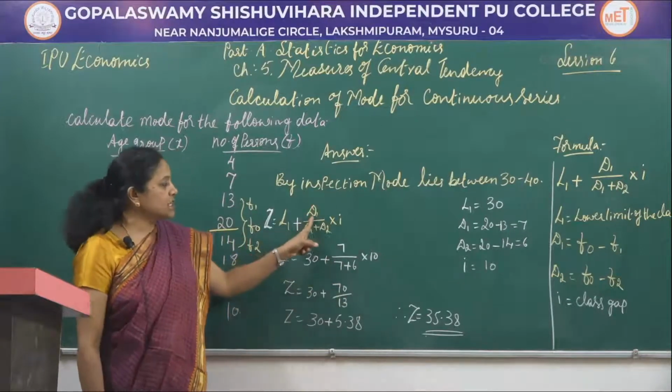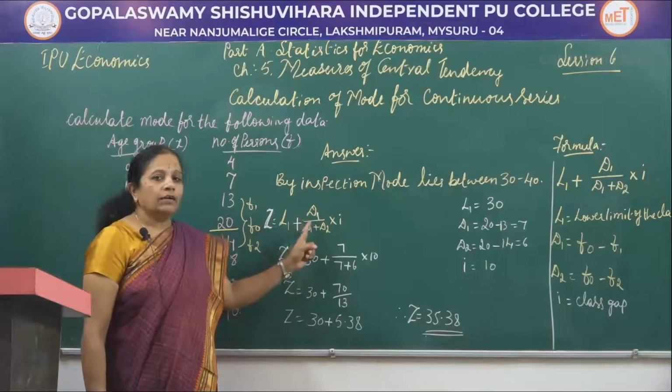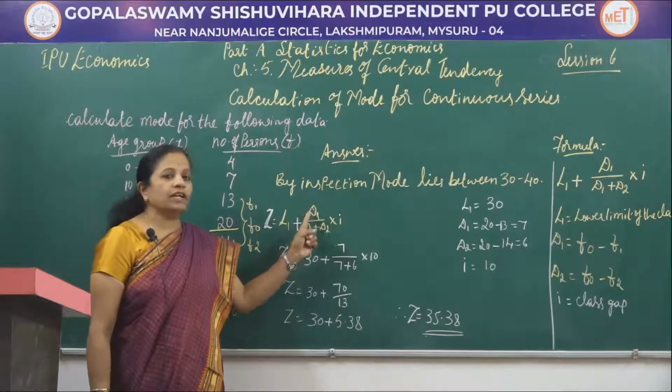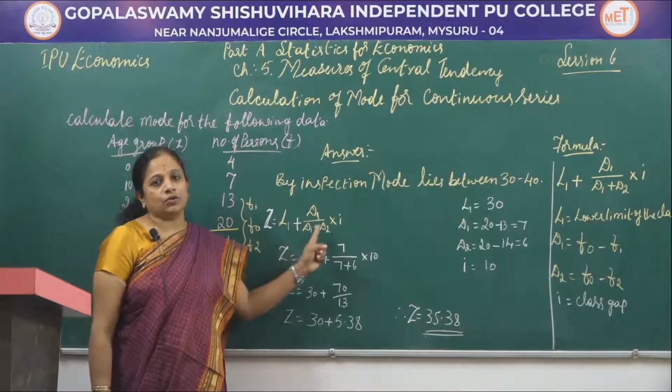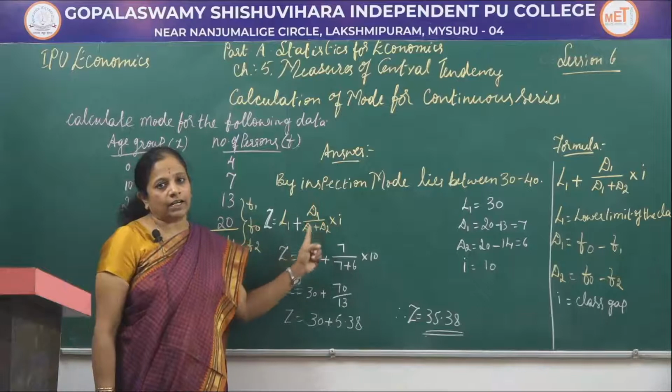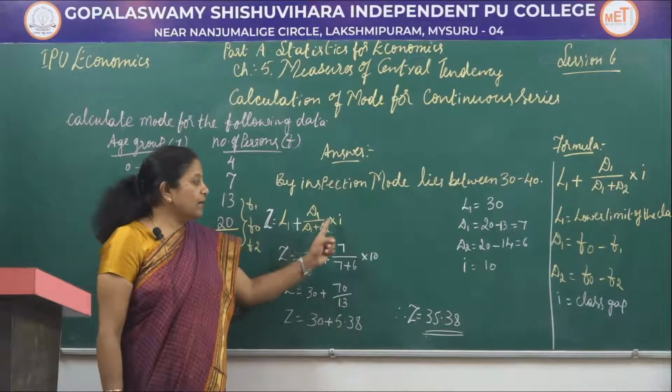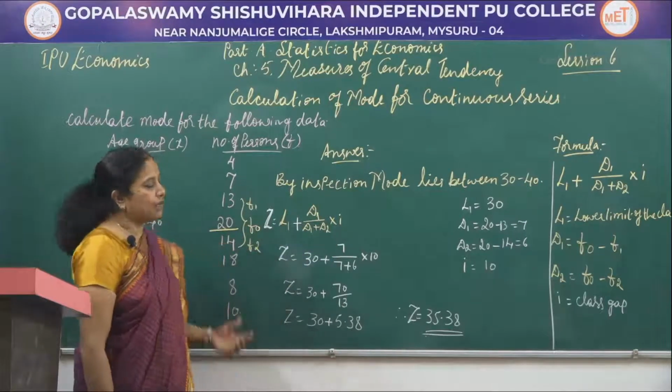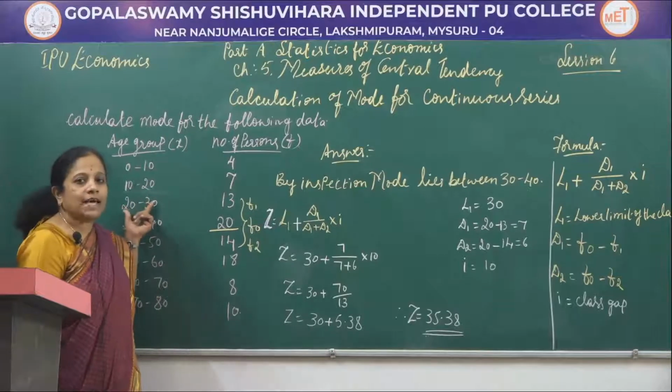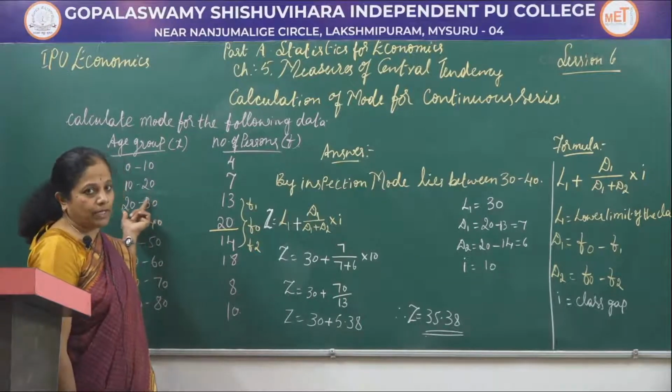So the formula says it is L1 plus delta 1 divided by delta 1 plus delta 2, multiplied by the class interval, the class gap. The class gap in this particular sum is 10.